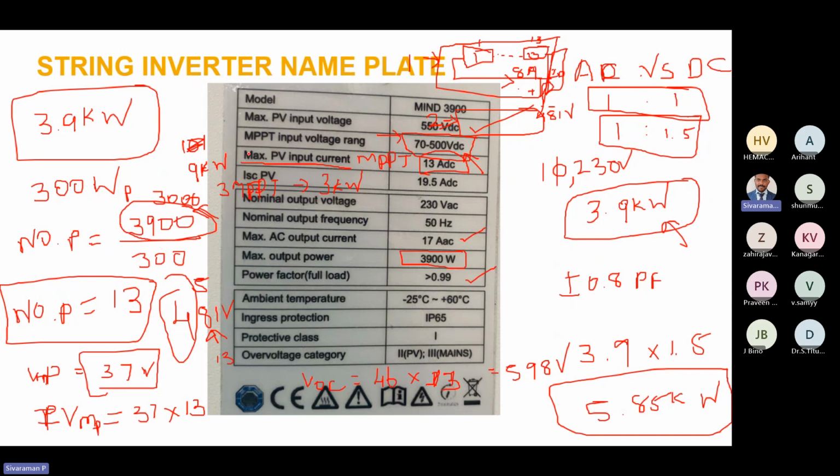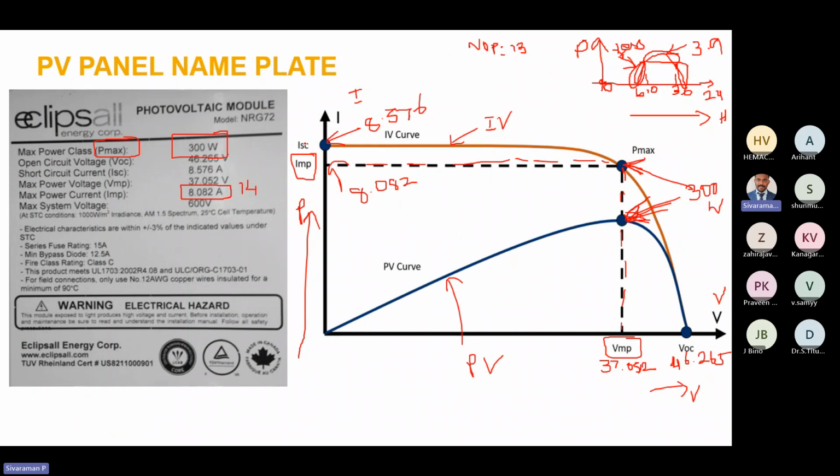Then third one is the P maximum current. These three criteria we have to see. And also I have explained what is IV curve, what is PV curve, and from the nameplate detail, I populated the values in this IV and PV curve.